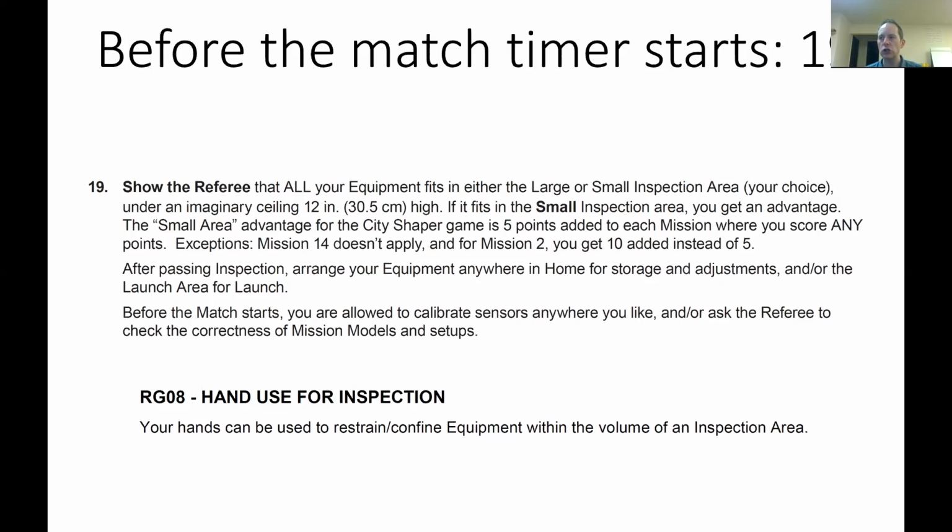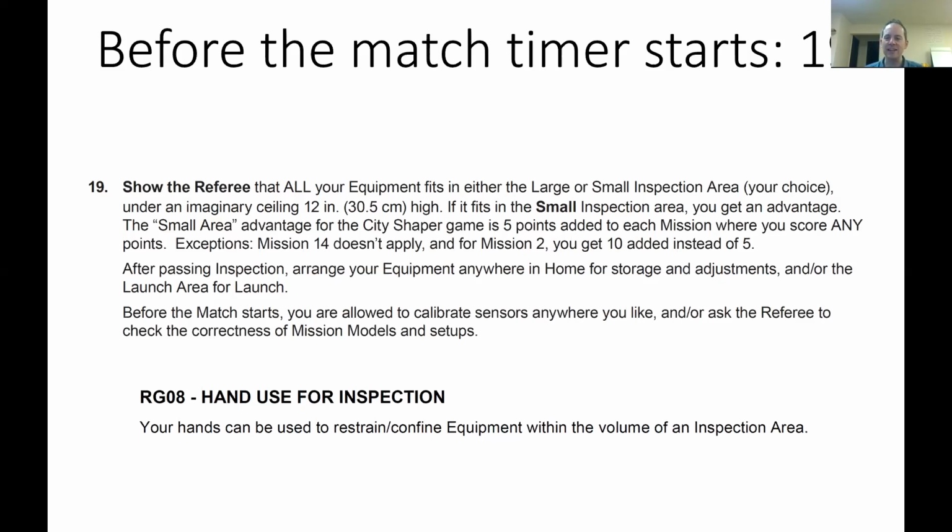And for mission 2, which is the crane mission, you get 10 points. So that tells me that if you scored points in every single mission, you could get 70 bonus points by using the small inspection area. But if you're not going to hit that many missions, the benefit is less, and so there's not as big a reason to use the small inspection area.